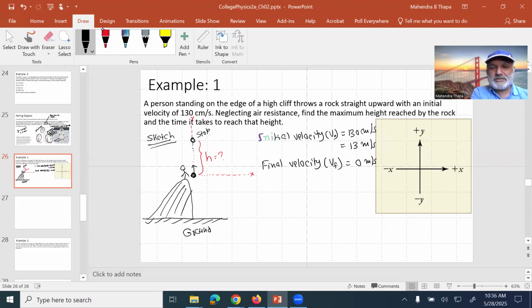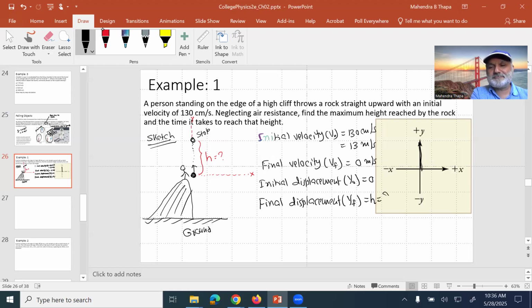If I choose the origin at this location, my initial displacement, y initial, is equal to 0 because the motion is along the y-axis this time. Then the final displacement, y final, is the maximum height we want to figure out.